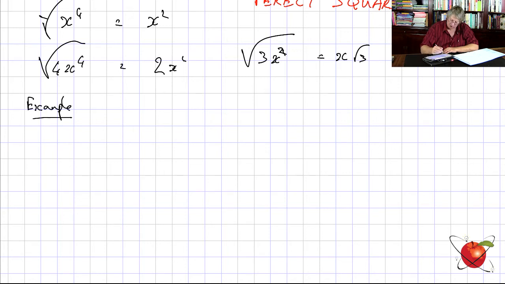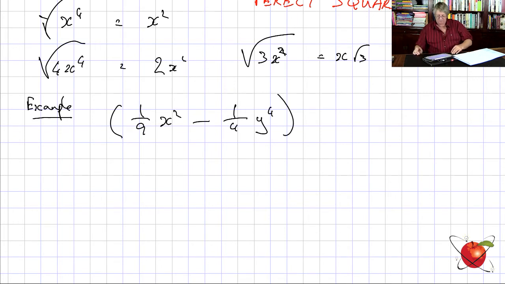Okay, the example here is 1 over 9 x squared minus 1 over 4 y to the power of 4. Let's look. First of all, always check for step 1, highest common factor. No, there's nothing I can divide in there and there that'll leave me without a remainder, or in there either. There's nothing common in either one.